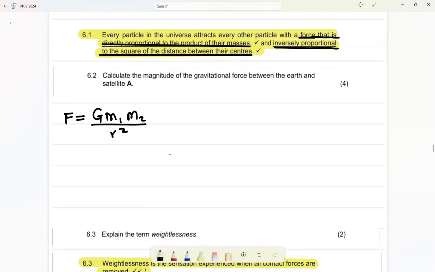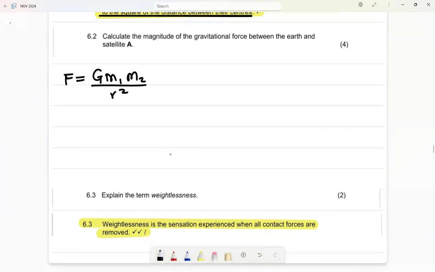Now m1 is going to be the mass of the Earth, and m2 the mass of the satellite. And then I'm going to say F is equal to my constant G, which is 6.67 times 10 to the power of negative 11.